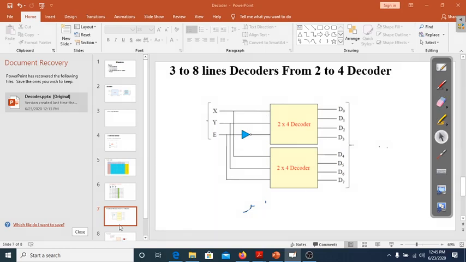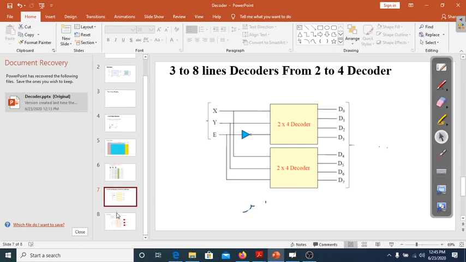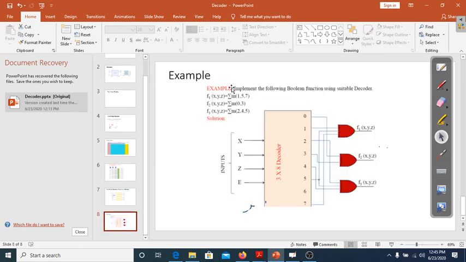Okay, so next let us talk about the implementation of Boolean functions by using a decoder. So you have Boolean functions f1, f2, f3.